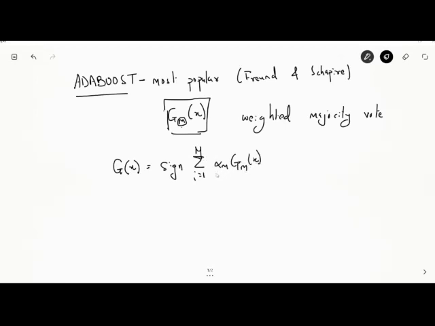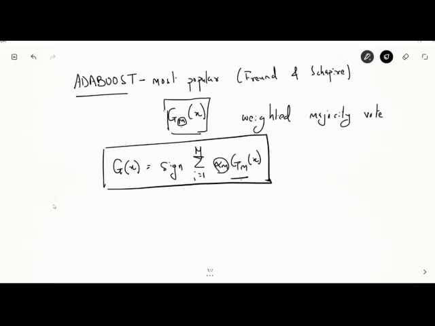So these alpha m's are the votes associated to the Gm's, and these affect the total outcome by influencing those weak classifiers which are doing well. Okay, so the entire process happens in steps.